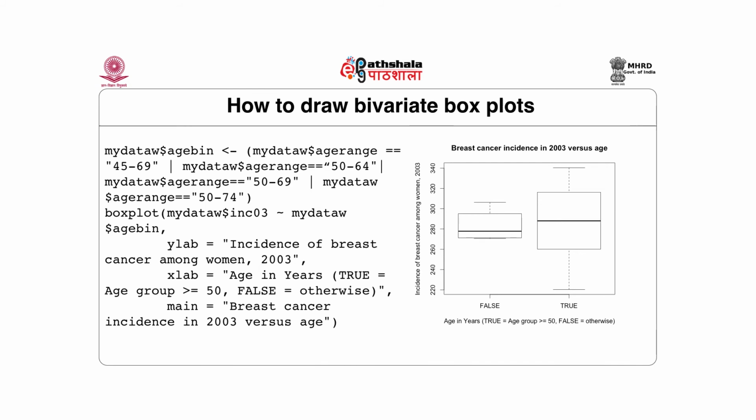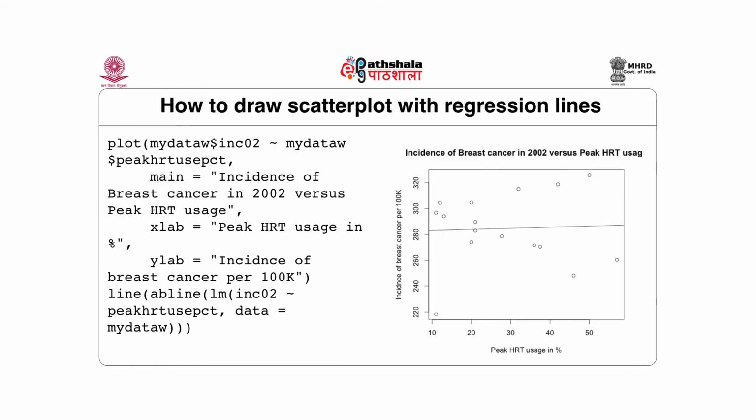Continuing on with bivariate plots, let's take a look at how we can draw a scatter plot with a regression line. Again, it is very simple. You just put in two continuous variables.